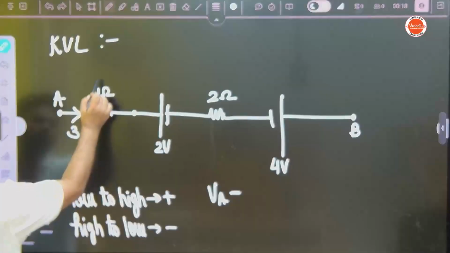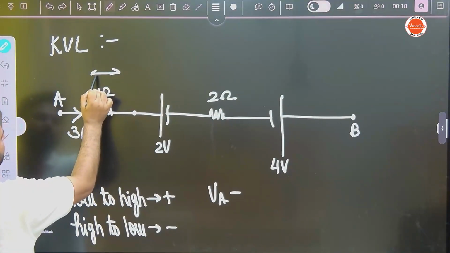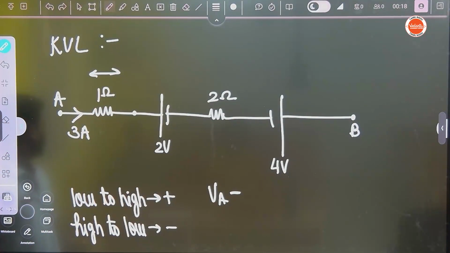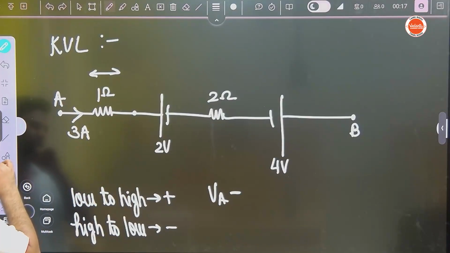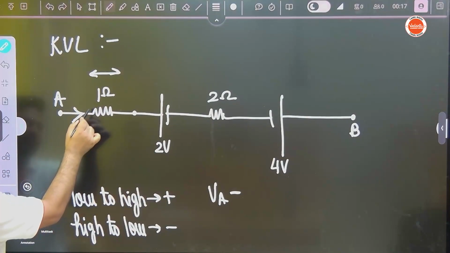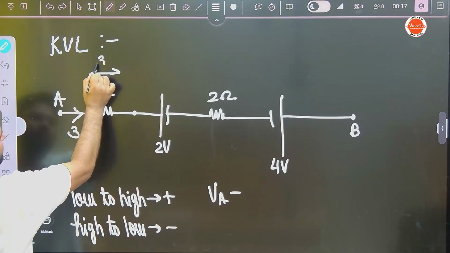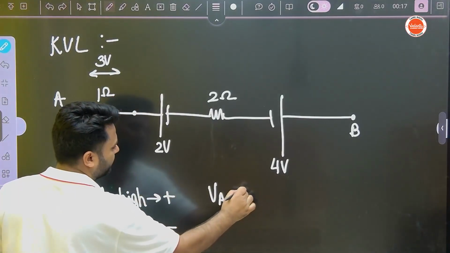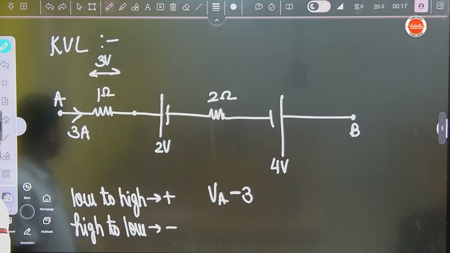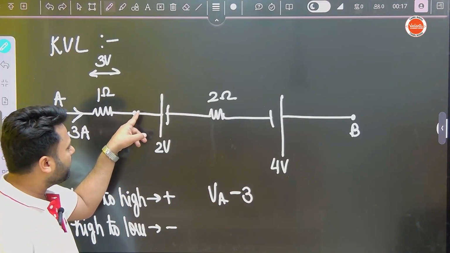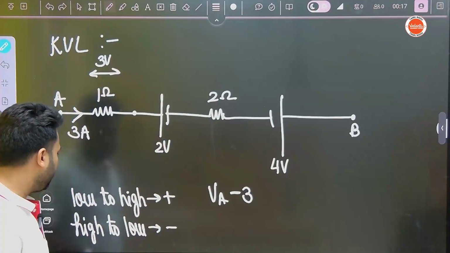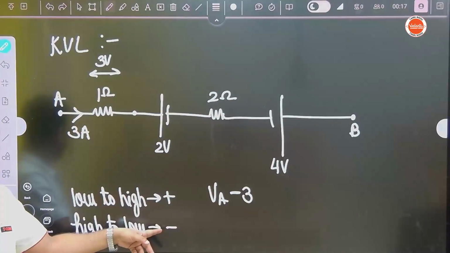How much voltage drop will be there across this? V equals IR. Current is 3, resistance is 1, 3 volt. So I will write minus 3. Then I am going from high to low again, so minus.